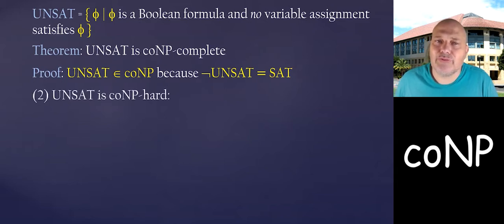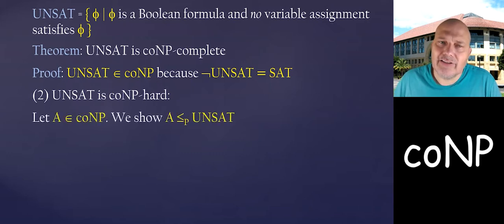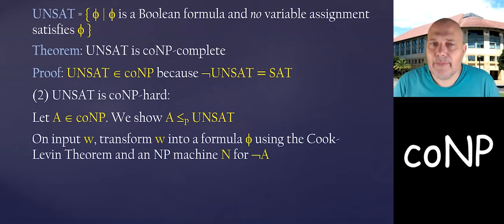So now we want to also prove that ANSAT is coNP hard. How would we do that? You can think about it. Well, let A be any language in coNP. We want to show that it reduces in polynomial time to ANSAT. And in fact, we know that already because the complement of A reduces to the complement of ANSAT. So on input W, transform W into a formula phi, just using the Cook-Levin theorem that reduces not A to SAT.